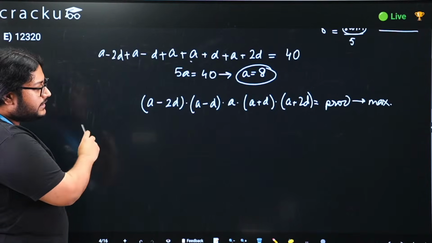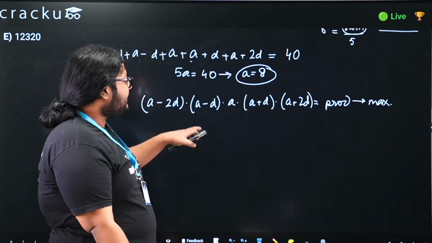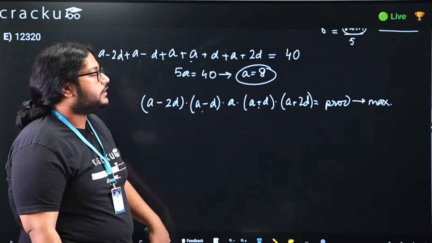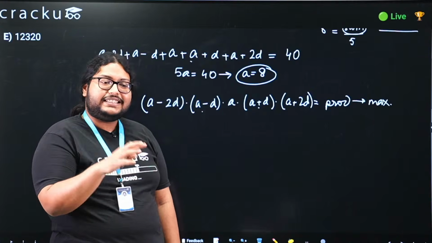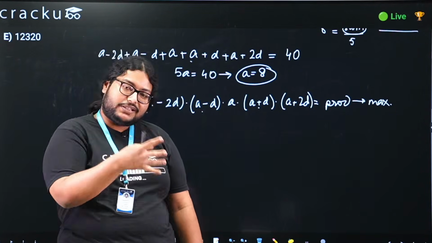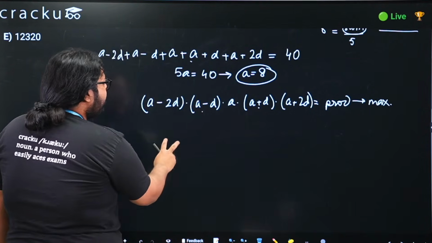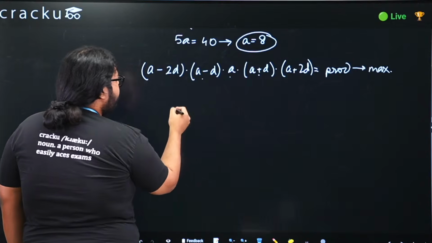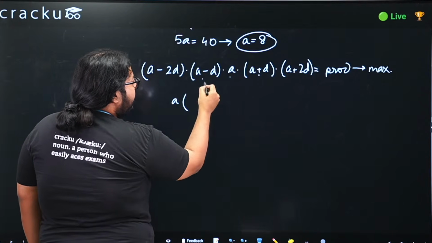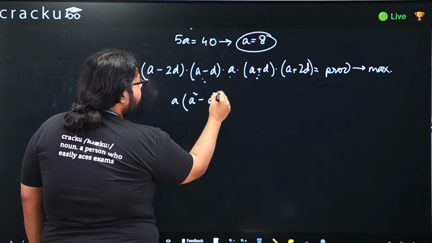So we can simplify this expression a little bit. One thing to see here is this a plus d and a minus d term. Whenever we have a plus d times a minus d, the immediate thought should be a square minus b square, because the expansion of a square minus b square is a plus b into a minus b. So a minus d times a plus d gives me a square minus d square.